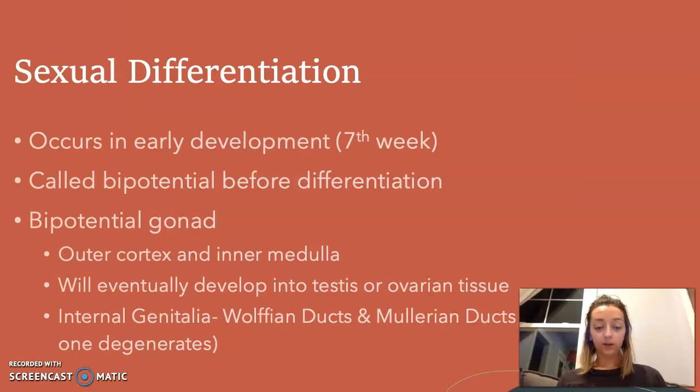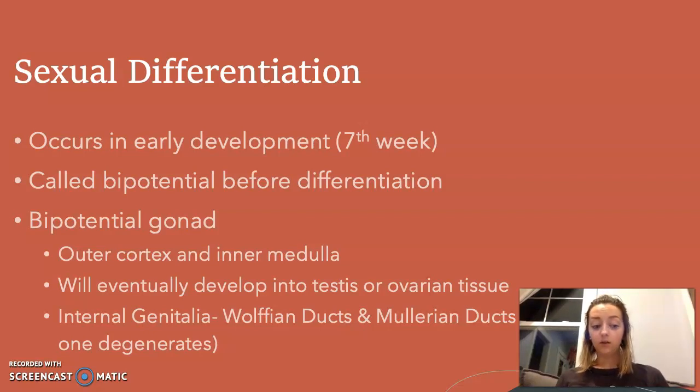Now, sexual differentiation. When a woman first gets pregnant, it is impossible to tell the gender right away, because the development of the reproductive organs starts in the 7th week of gestation. Before differentiation happens, the tissues that the reproductive organs are made up of are called bipotential, because they cannot yet be identified.